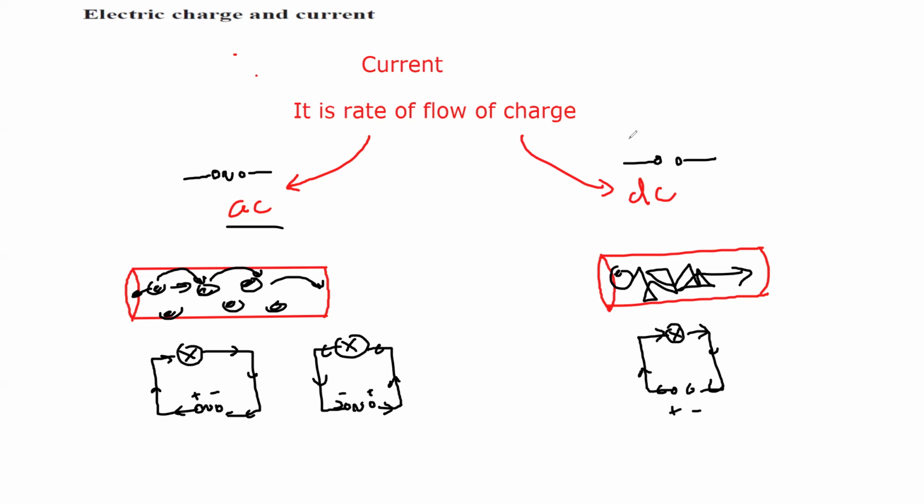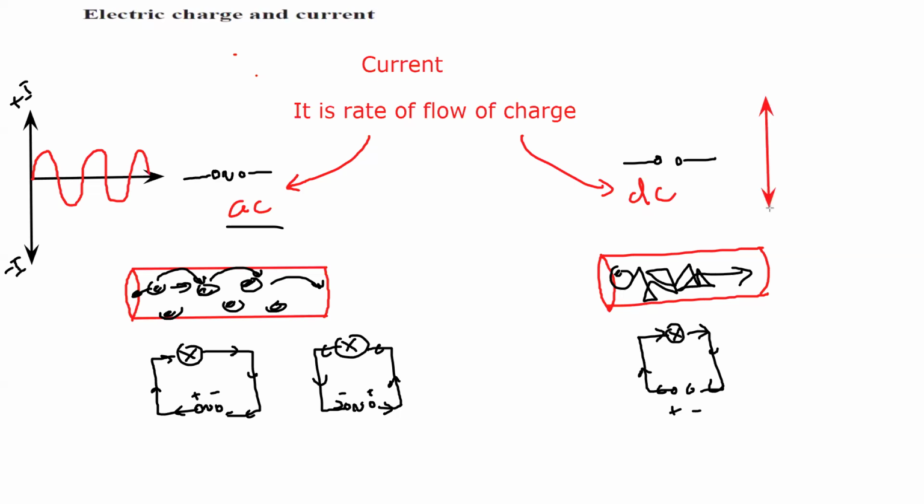We can also represent these ACs and DCs in terms of a graph. In alternating current, we use both axes, positive and negative, for the y-axis. The current is changing, so this sinusoidal wave represents an alternating current.